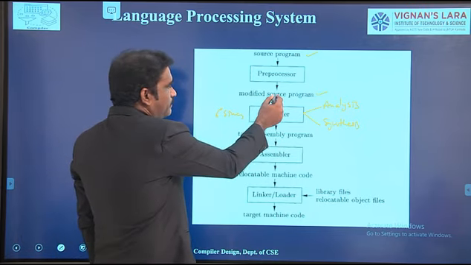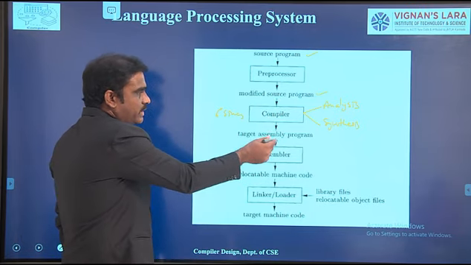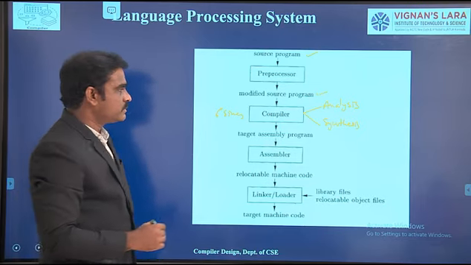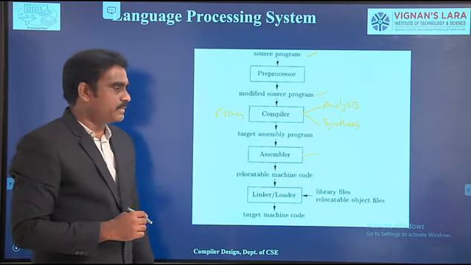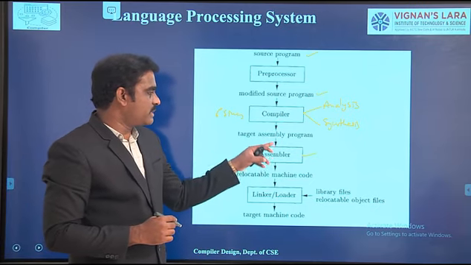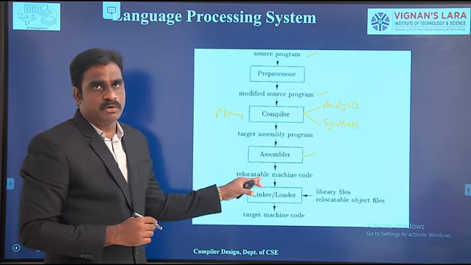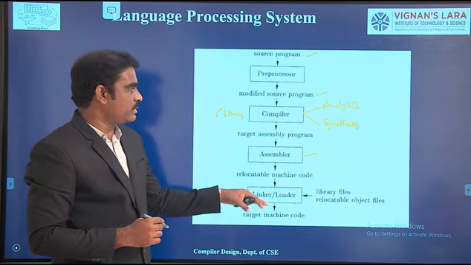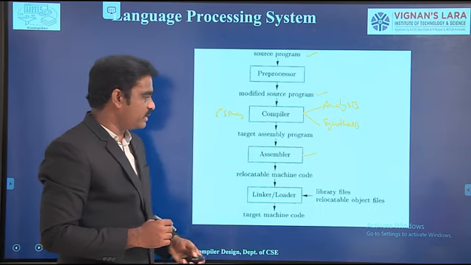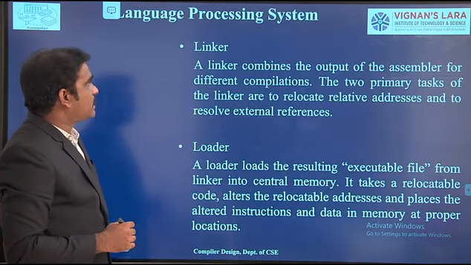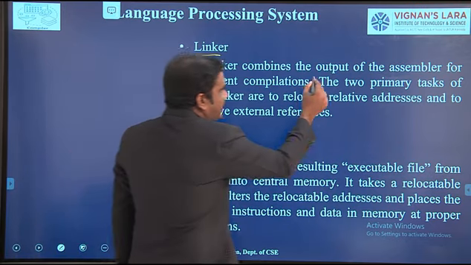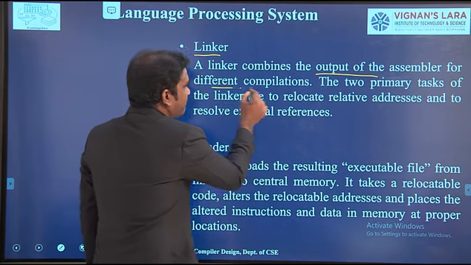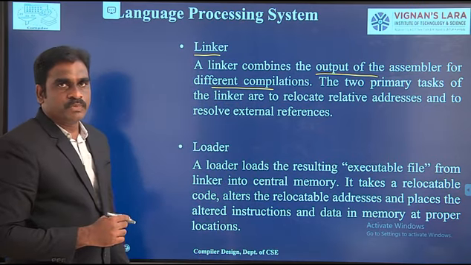So the source program is converted into an assembly program, and then by using the assembler, this assembly program is converted into relocatable machine code. And the next one, the linker combines the output of the assembler for different compilation processes.